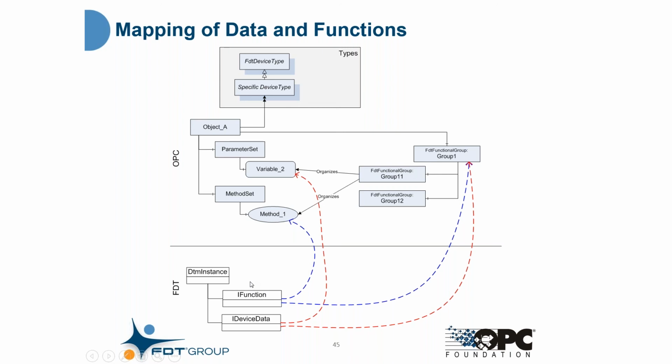So the DTM has an interface called iFunction, or an interface ID base data. iFunction basically provides graphical user-based functions or functions without user interface, and functions without user interface can be mapped to the method in the method set, and the device data can be mapped to variables in the parameter set. What we also do is we use the functional group type in order to provide a more human-friendly representation and access to the information.